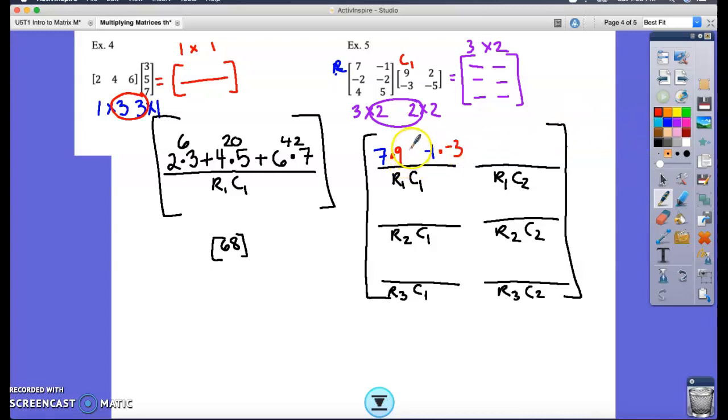And we always add between pairings. So here I'm going to use row 1 numbers, 7 and -1 again. And column 2. So I need to use the 2 and the -5 here.